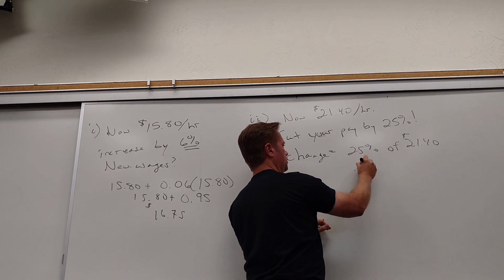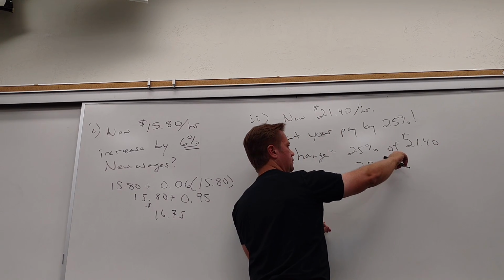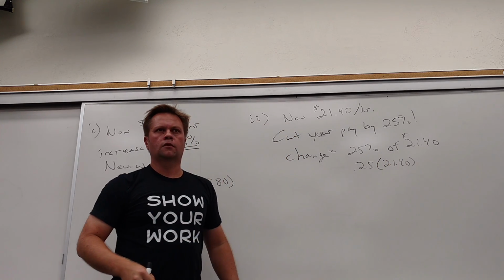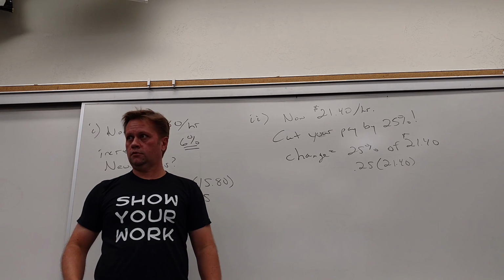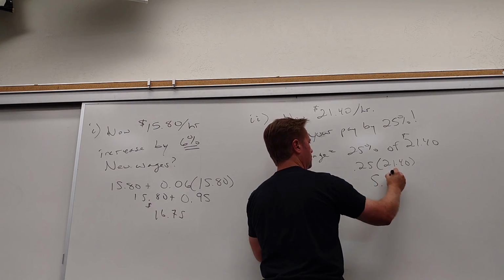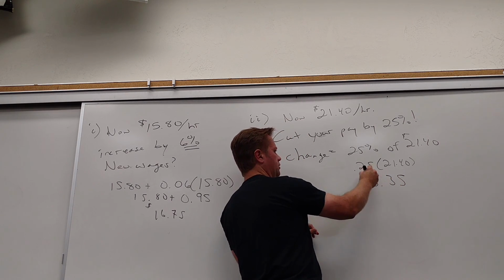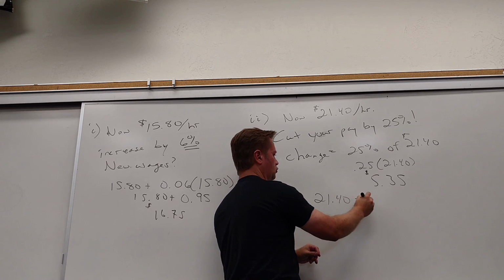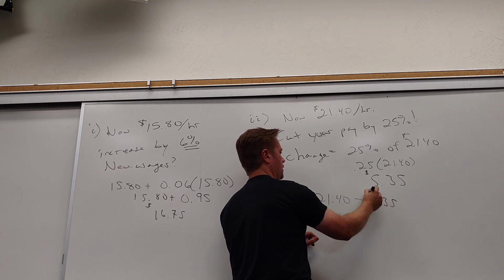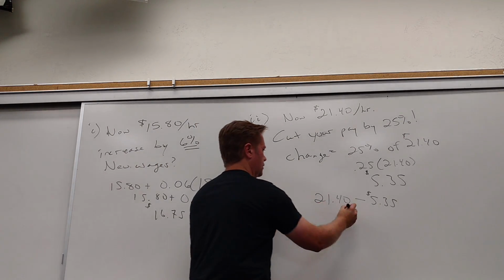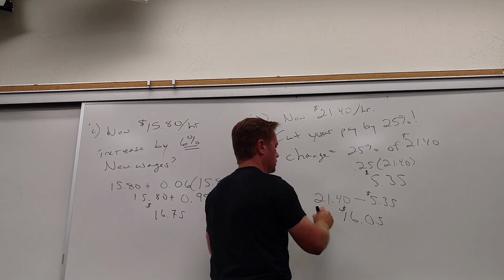So that would be 0.25 times 2140, and you get 5.35. So that's how much it's going to change by. How much you're making now is 21.40, so then you would subtract 5.35. So you end up at 16.05. That's a big old cut.